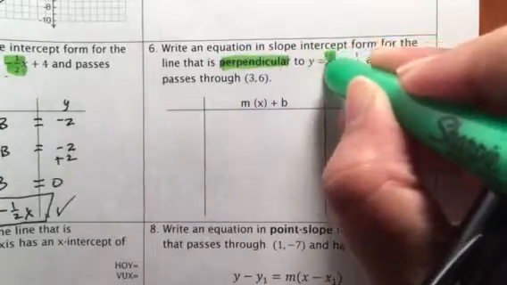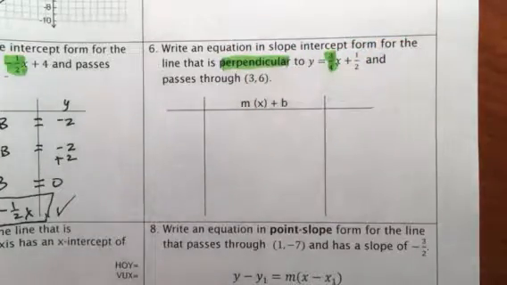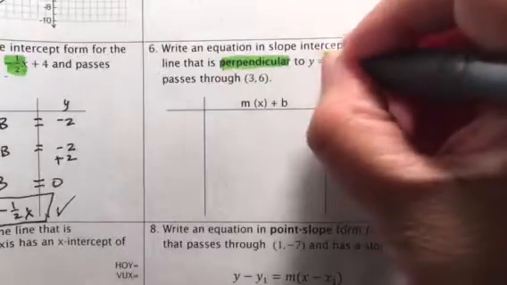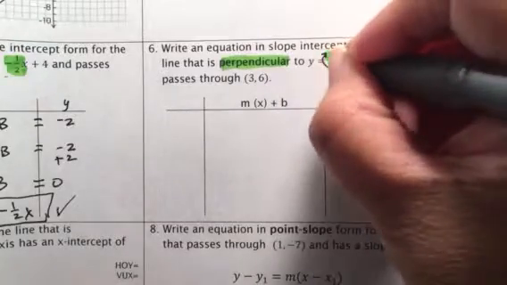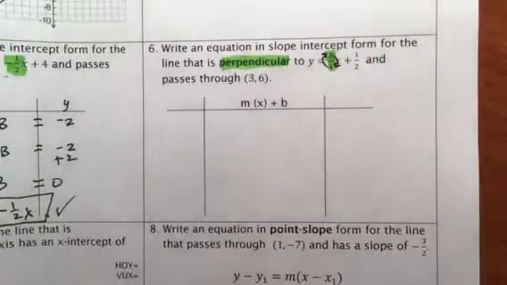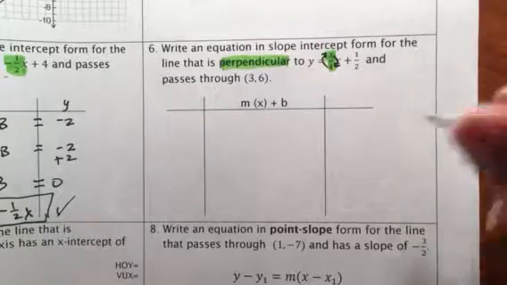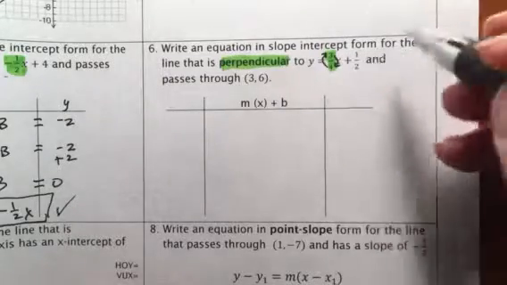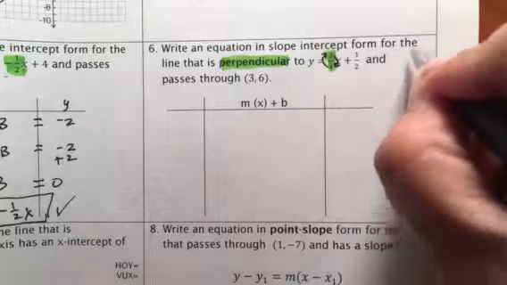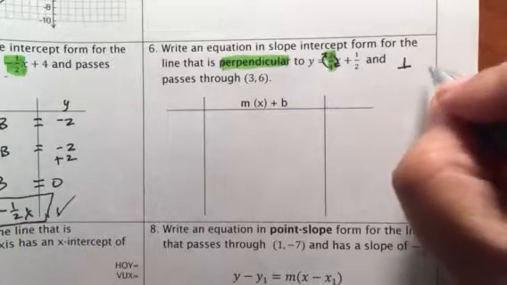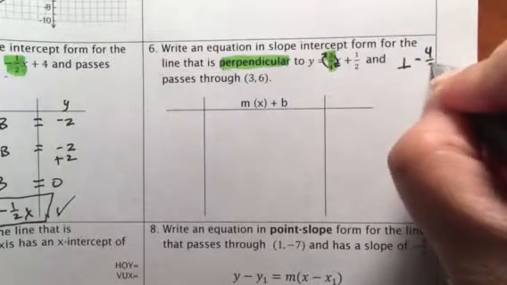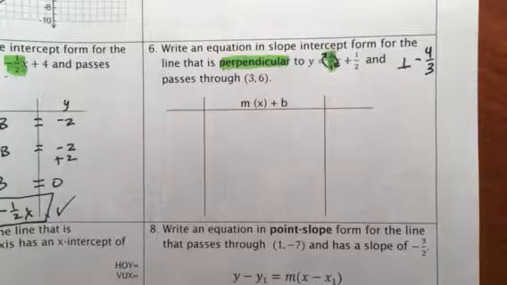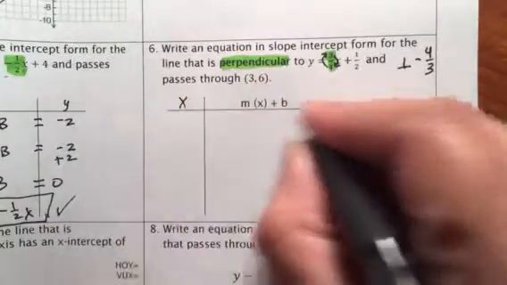Here's the slope currently. So in order for it to be perpendicular, these two numbers will switch and the sign will change. So since this is a positive 3/4, then the perpendicular slope is a negative 4/3. And that's the slope that we'll use.